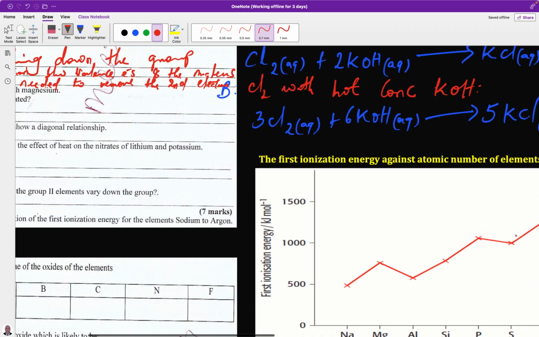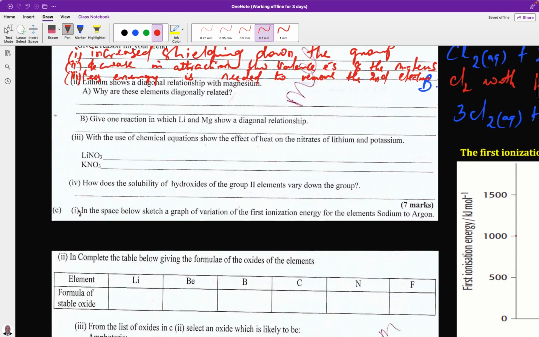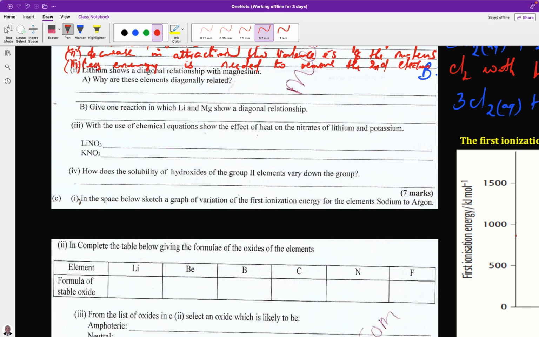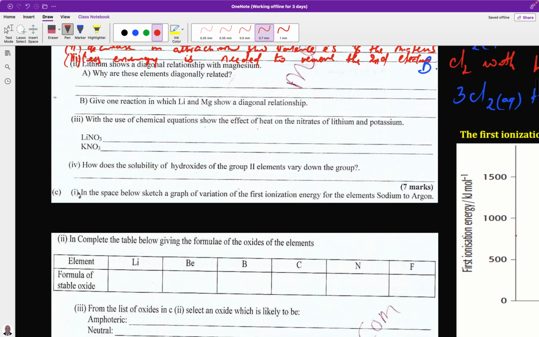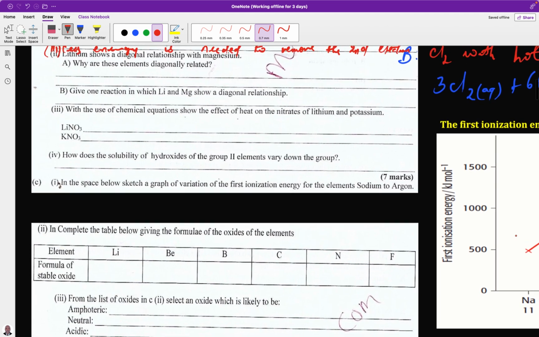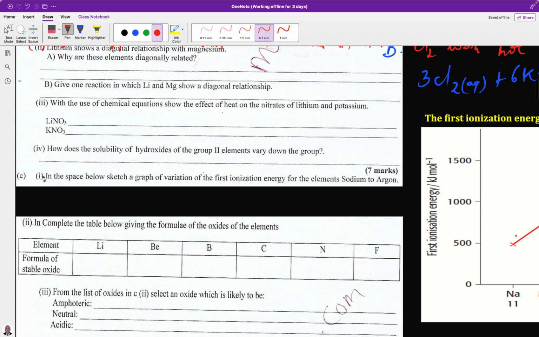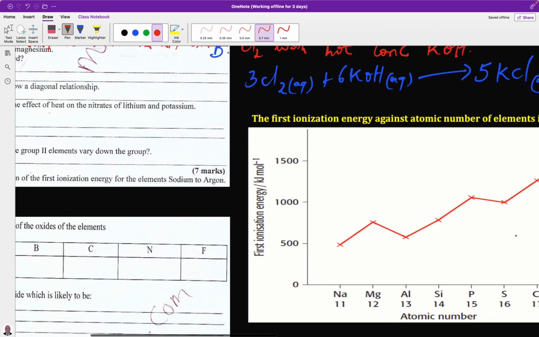Okay, it takes us to this other question that says, how does the solubility of hydroxide of group 2 elements vary down the group? As you go down the group, the solubility of the hydroxide varies.